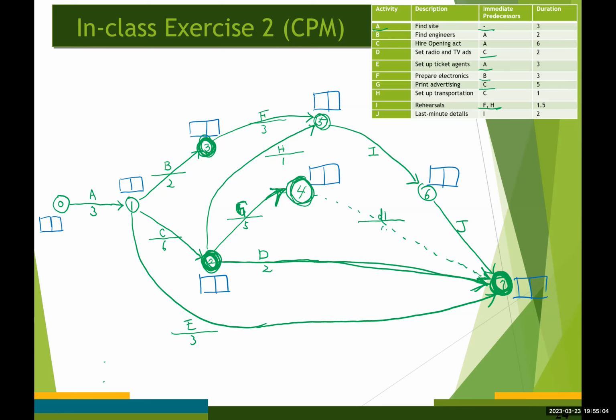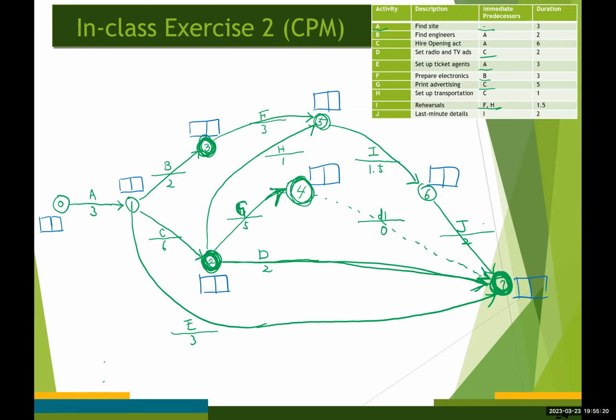There's no time, right? And then I set 1.5. Okay, it's 1.5. J is 2.